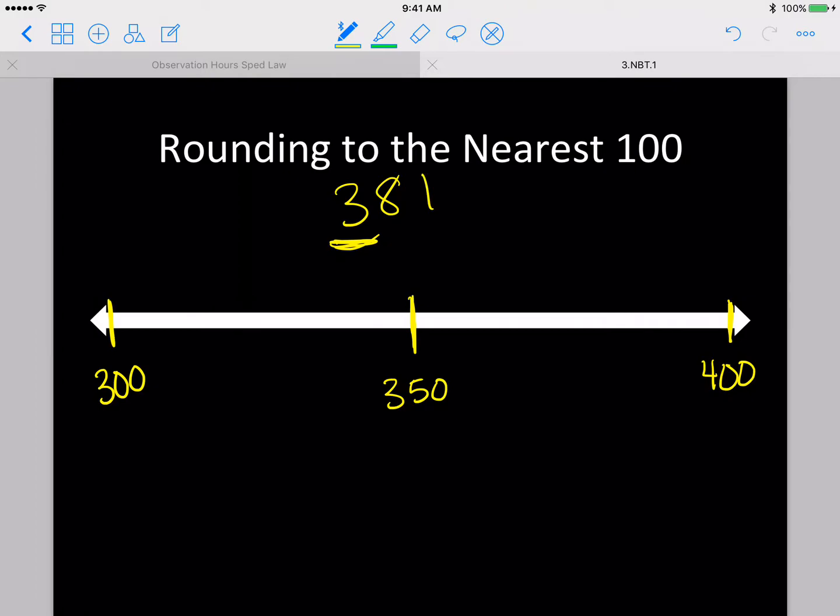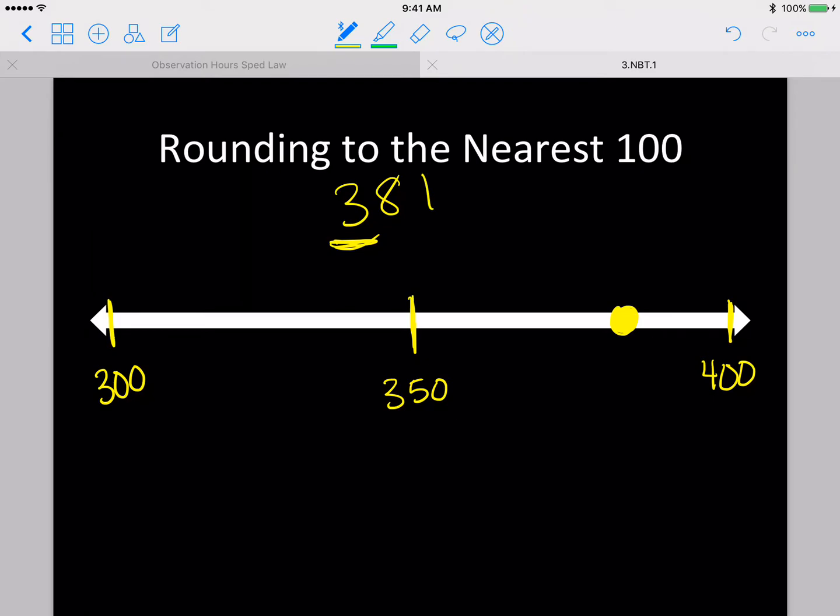So now all we have to do, similar to rounding to the nearest 10, is plot that point on our number line. So where does 381 fall? Is it bigger than or less than 350? Well, if I have $381, I have more money, I have a greater value than someone that has $350. So that's going to fall on this side of the midpoint on the number line.